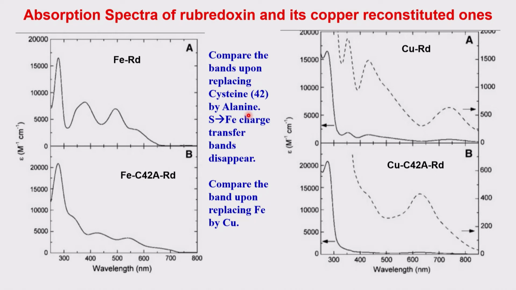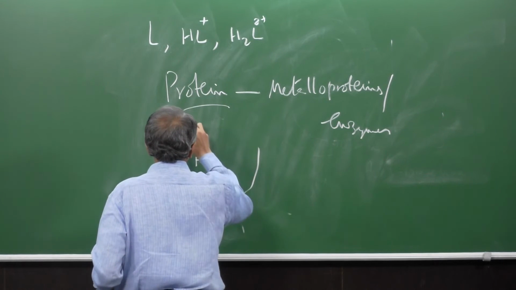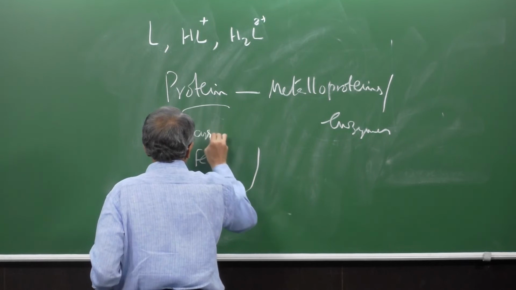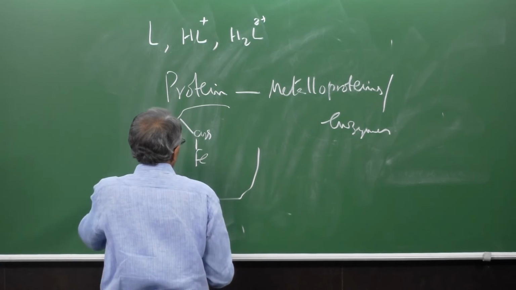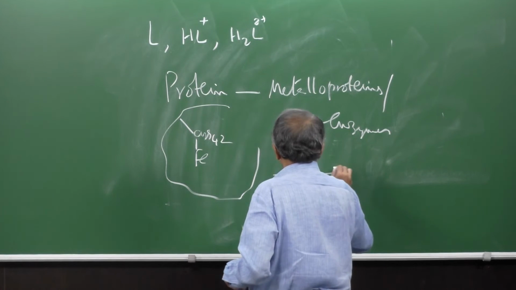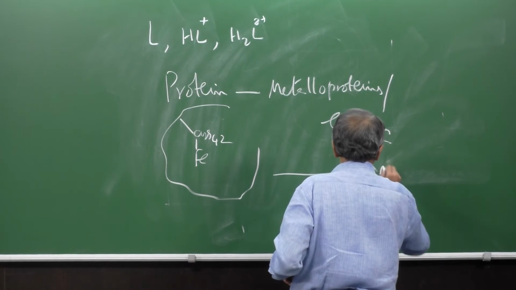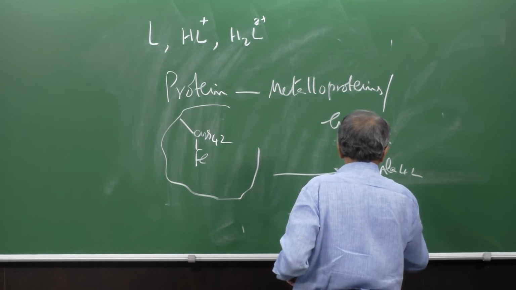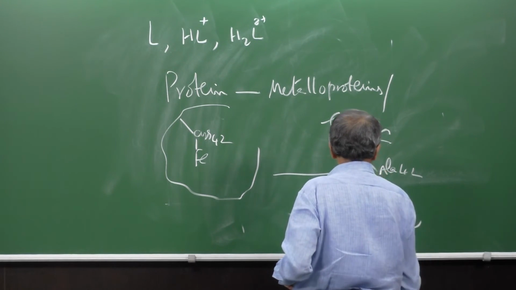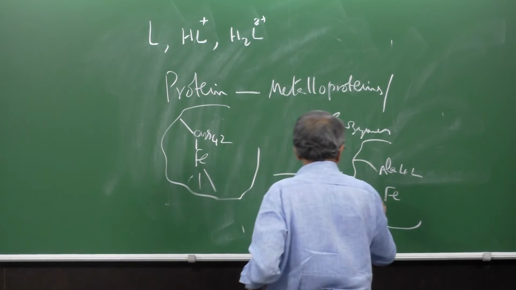Now let us take this protein, this enzyme. This is a protein structure. You have a cysteine binding, so this is the cysteine 42, and now if I transform this into alanine 42 and then bind iron, obviously of course this is bound through other things as well.